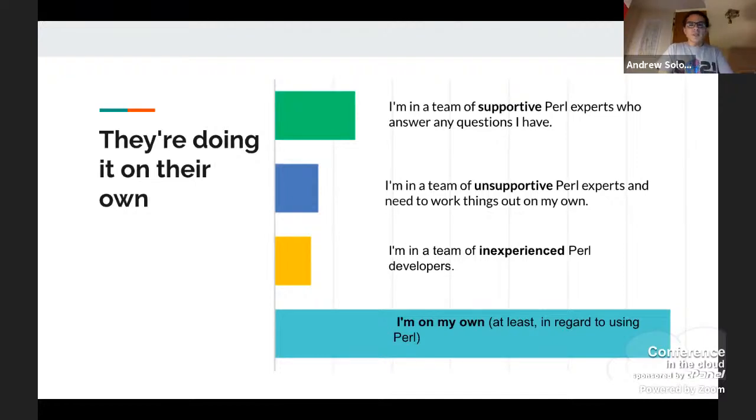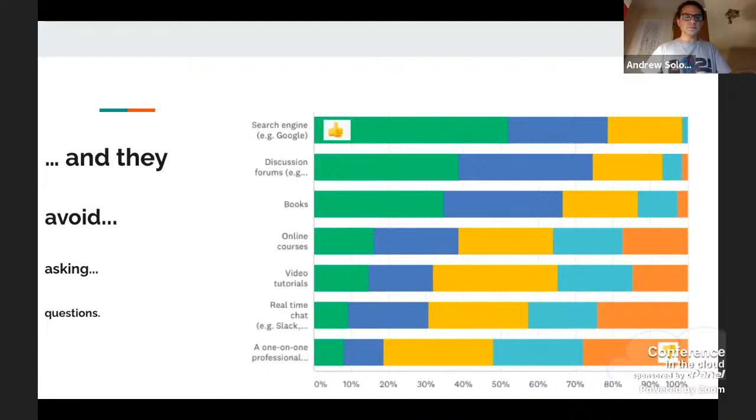If you look at this chart, the people at the bottom, the blue ones, they're all these people who are filling in the survey because they're doing Perl on their own and they feel the need for some help. Now, the question that I asked was, what kind of help do you want?